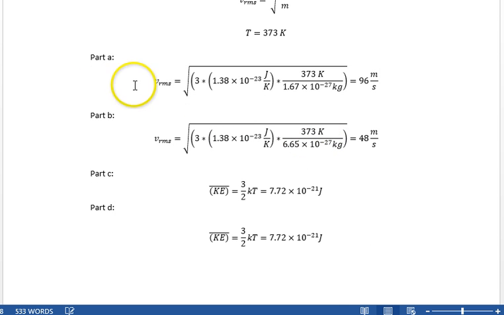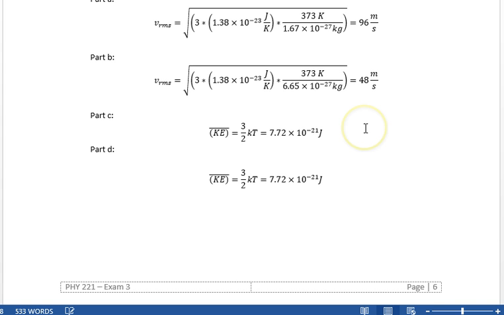But because hydrogen is lighter, and kinetic energy is 1/2 mv squared, the hydrogen atom has to be going faster than the helium atom in order for them to have the same kinetic energy. All right, that's it for problem 6. We're done with exam 3.